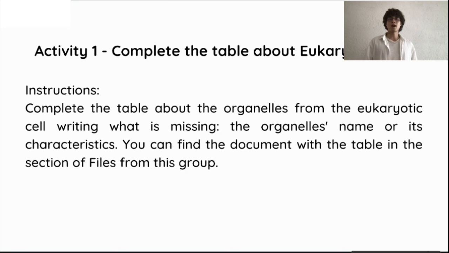So you are going to write either the name of the organelles that are missing or their characteristics, depending on what is asked. So you can pause the video, go to files in the section of this Teams group, and start your activity. I'll be here waiting for you to finish it.